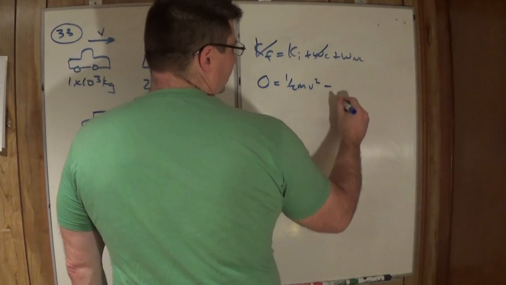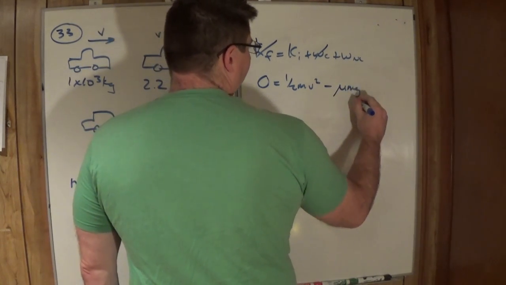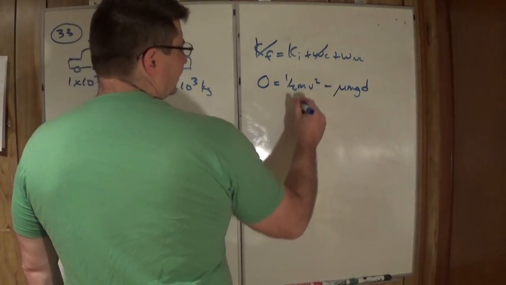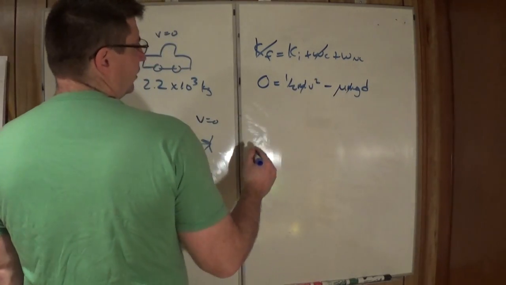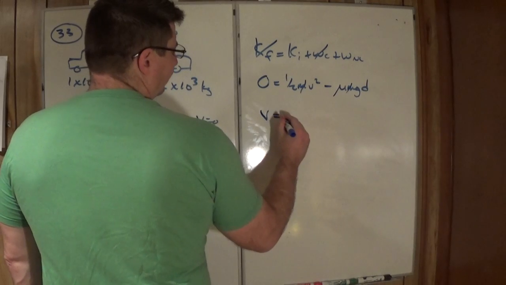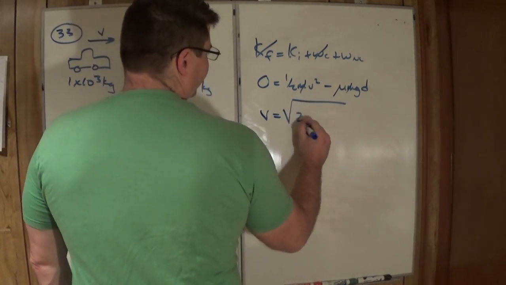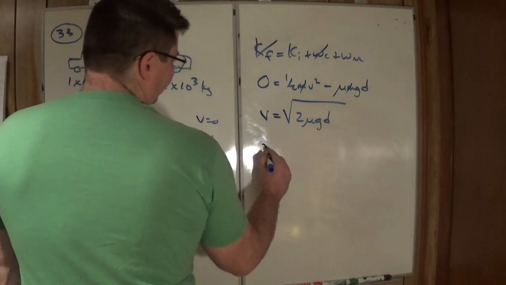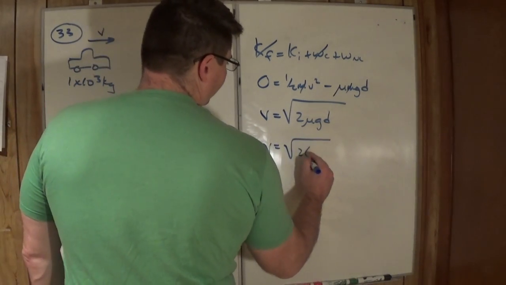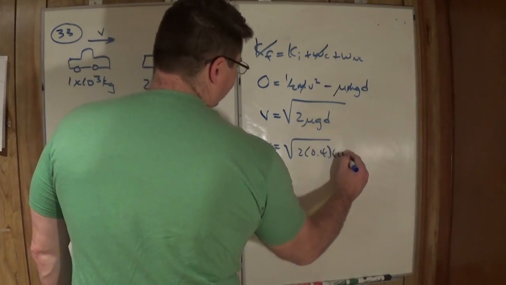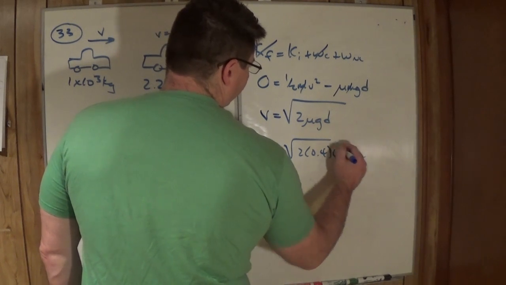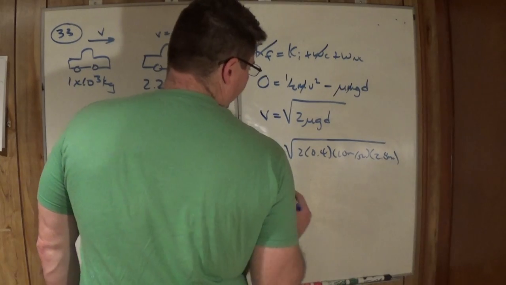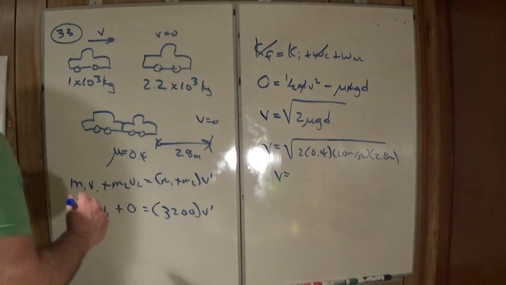So the friction force, which is mu mg times d. And we can see that the mass, again, doesn't matter here, and we're solving for v. So v is equal to the square root of 2 mu gd. So the velocity is going to be the square root of 2 times 0.4 times 10 meters per second squared times 2.8 meters.